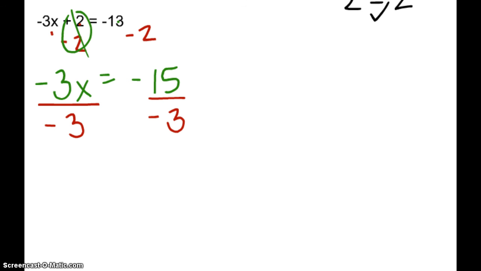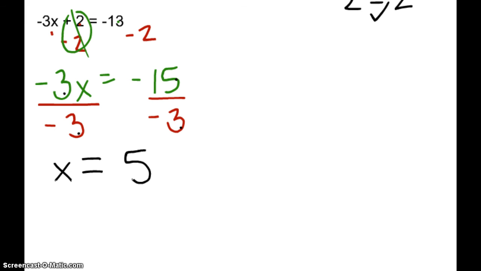And think about what this means. A negative divided by a negative is positive. So we're just left with positive 1x equals negative 15 divided by negative 3, which is 5. A negative divided by a negative is a positive.